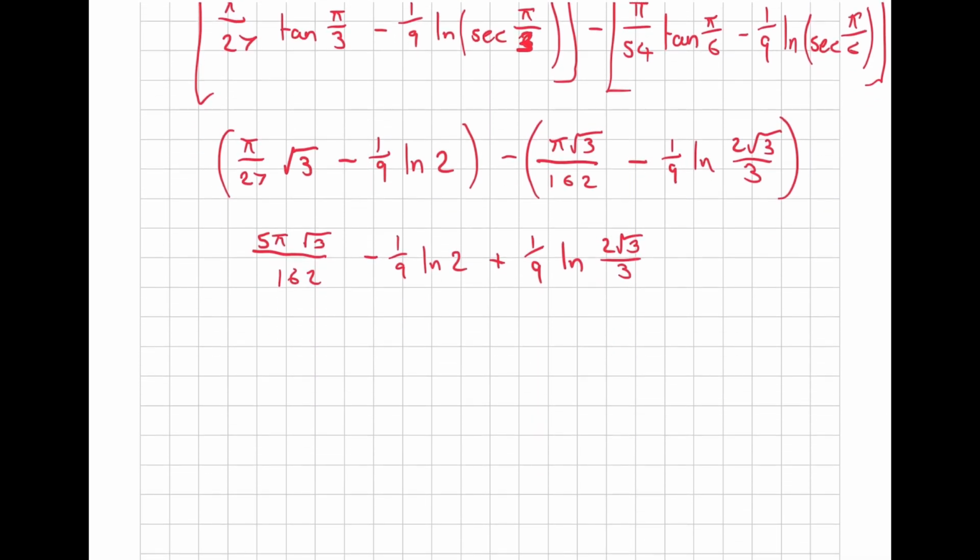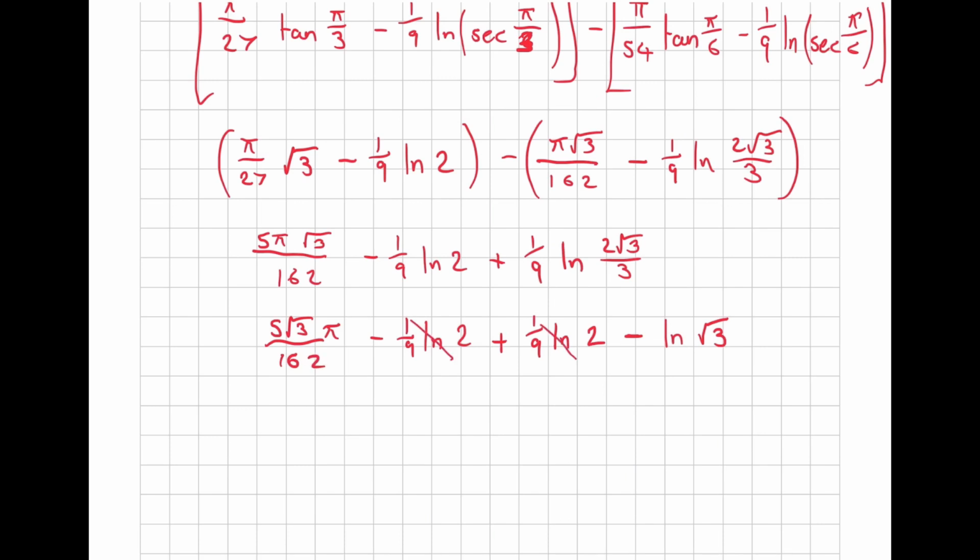And if we break down using rules of logs, this one here is a ninth of ln 2 divided by, so minus ln of root 3. 2 over root 3 is the same as 2 root 3 over 3. And that's nice because I'm rewriting the rest of my stuff here, so I should put that in front of the pi, 5 root 3 pi over 162.